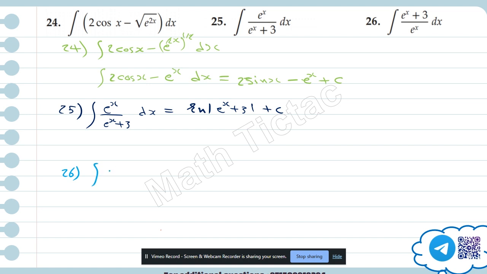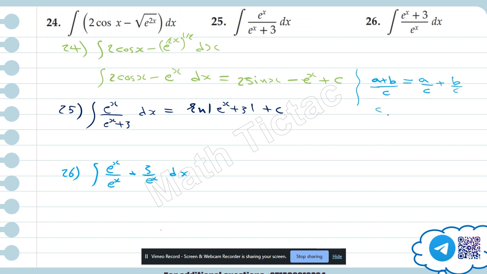So the integration is equal to e to the power x over e to the power x plus 3 over e to the power x dx. Because if we have a plus b over c, this is equal to a over c plus b over c.